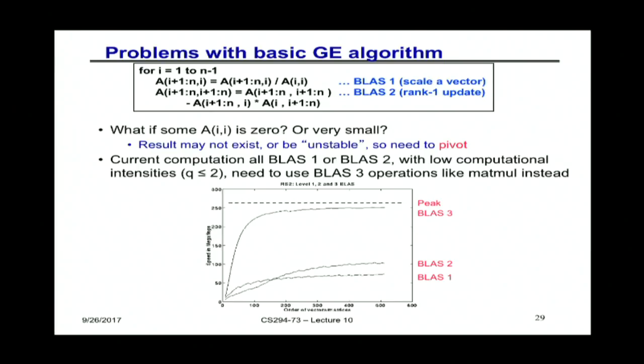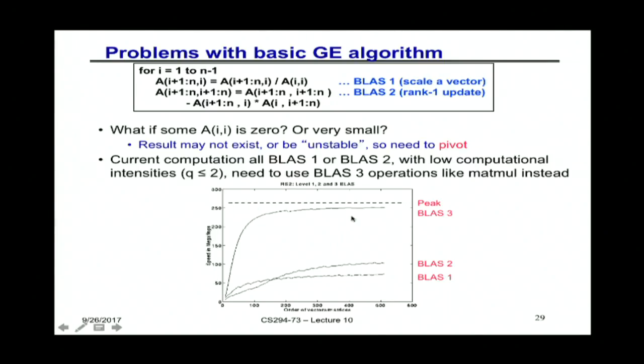And this picture shows the speed of BLAS1 and BLAS2. Here you have the order of the vector. On the horizontal axis is the size of the vectors or matrices, the dimension n. The vertical axis is the speed in terms of megaflops. So the higher, the better.